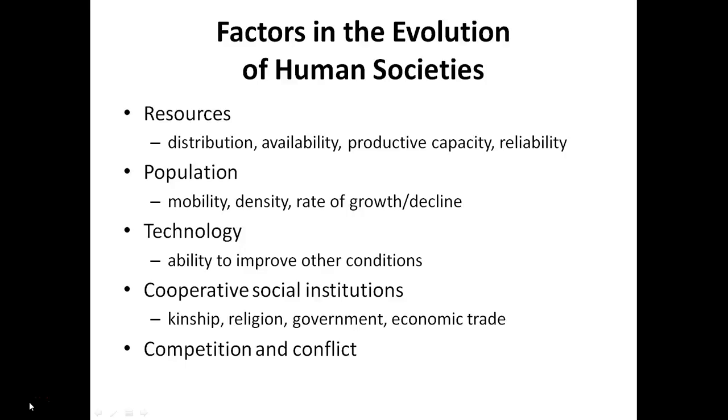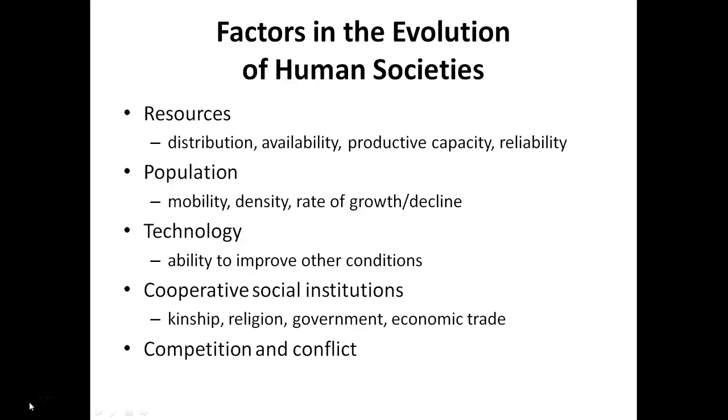What is the nature of their technological adaptation? And technology is defined as the ability to use tools in order to improve other conditions. What is their level of technology and how can they adapt to, or even transform, their environment using their technologies? What is the nature of the cooperative social institutions that exist? How does kinship found the basis of community?